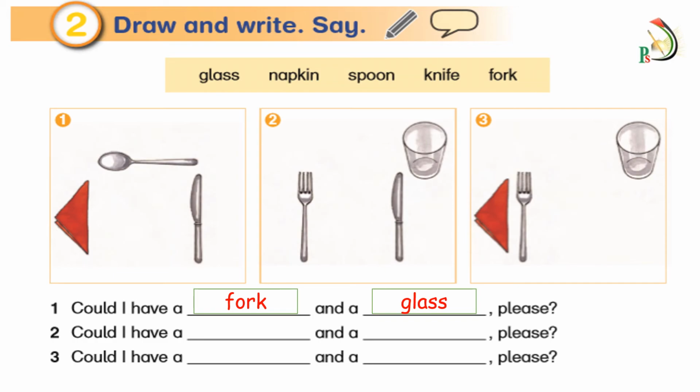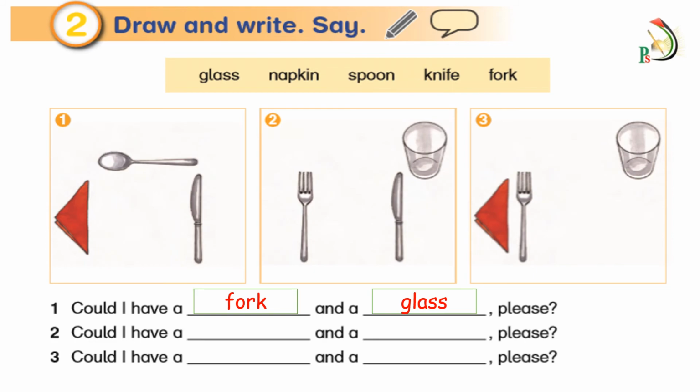I can see a glass, a knife, and a spoon. Now tell me, what are the missing things on table number 2? Okay, imagine that you are sitting on table number 2 and you want to ask for the missing things on your table.